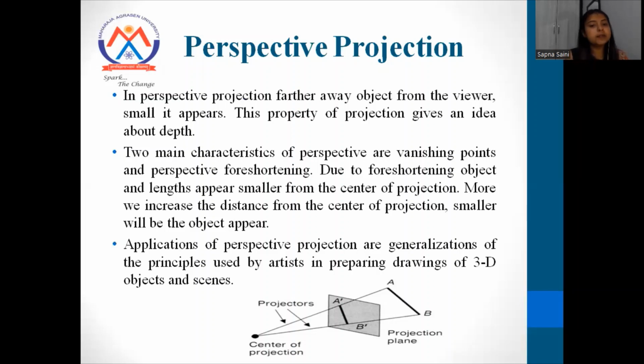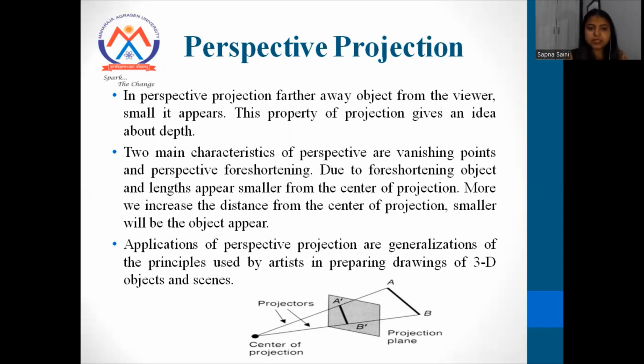Now, perspective projection has two main characteristics, that are vanishing point and perspective foreshortening. Due to this foreshortening, the object's length appears smaller from the center of projection. The more we increase the distance from the center of projection, the smaller the object will be.